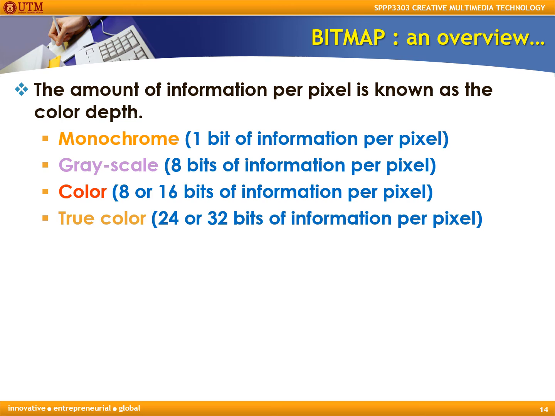While the true color here, it has 24 more details, okay, more colors. So it is going to give you the ability to zoom in larger and larger, and you still have a very good quality.